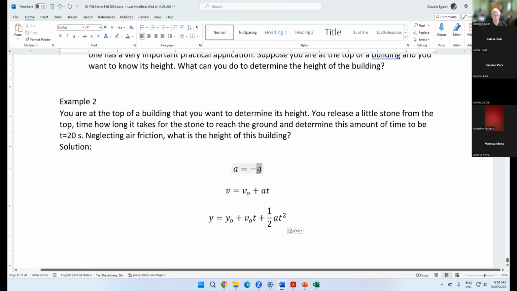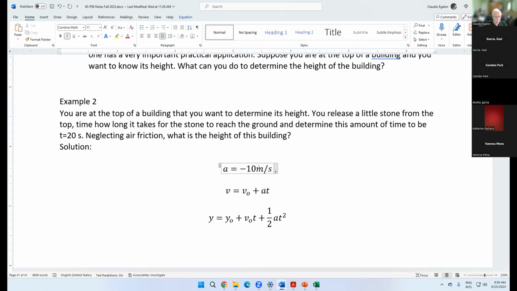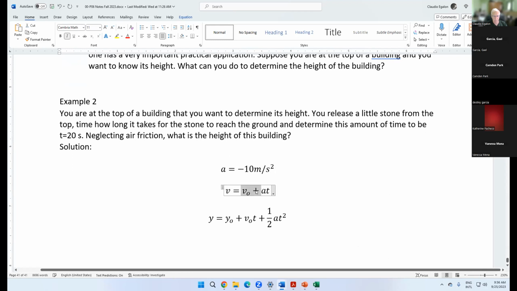You already know that this one is going to be minus 10 meters per second square. You know that this one is going to be 0. And here it's going to be 10 meters per second square as well. This is the one that we want to know.